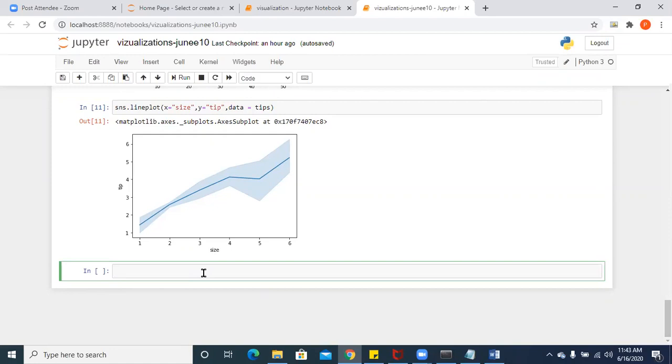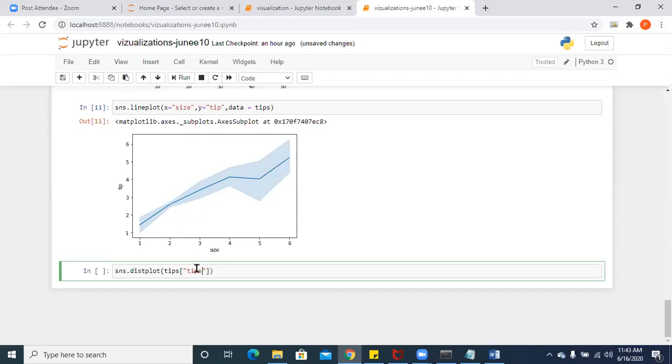So how do you plot the distribution plot? SNS dot distplot of tips.